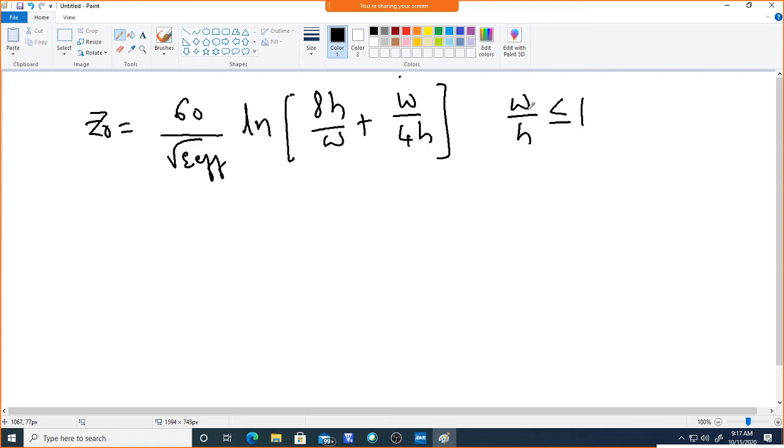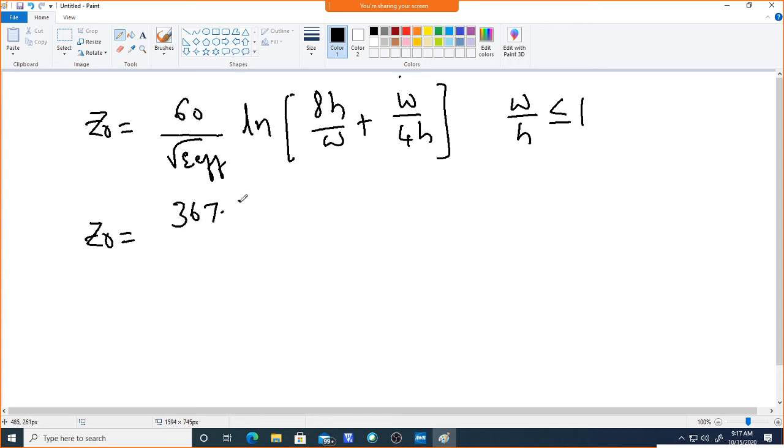Where w is the width of the strip or the ring, whatever you are using, and h is the height of the substrate. If w by h is greater than 1, then you have to use this equation.